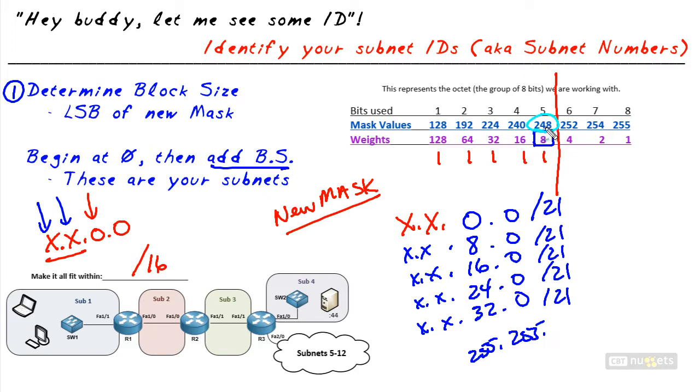Or, and we have 248 already written for us, we could just say it's 248. Any way you want to get there is perfectly fine. It's just math. And then the last octet is all host bits. So the host bits available are the 3 host bits from this 3rd octet plus all 8 bits from the last octet, for a total of 11 host bits available.